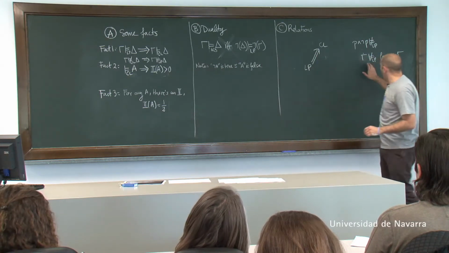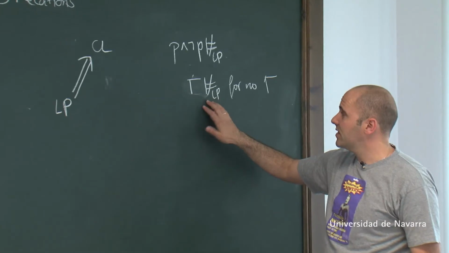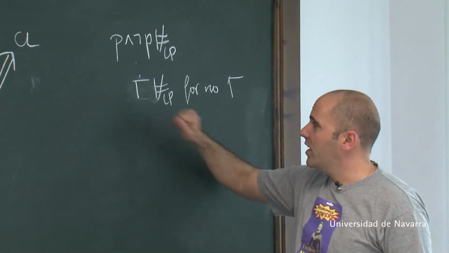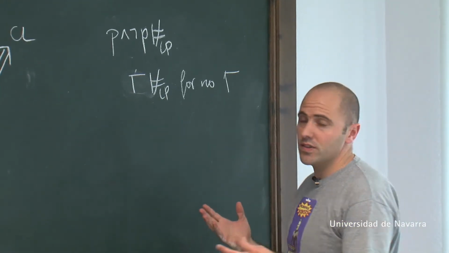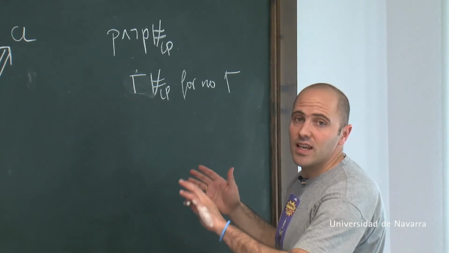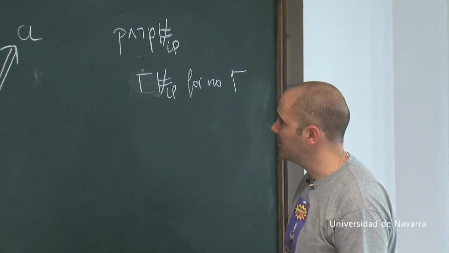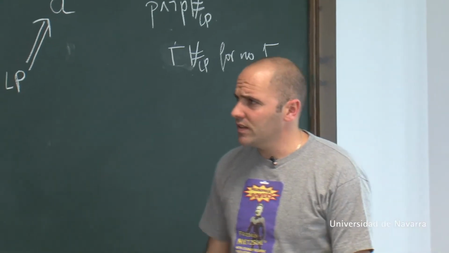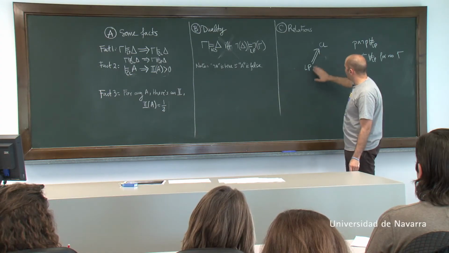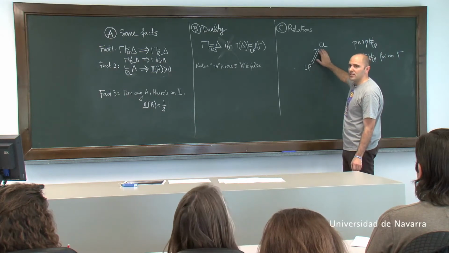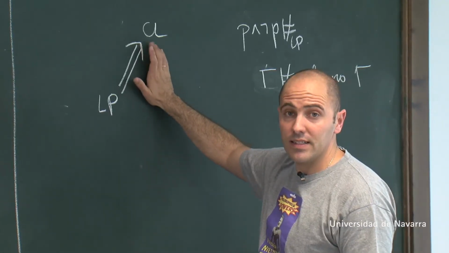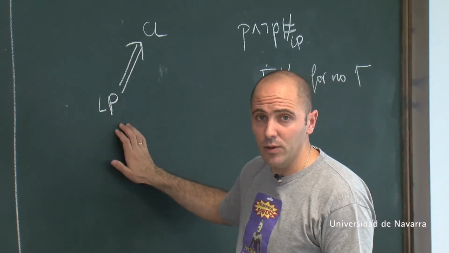So there are no unsatisfiable sets in LP, right? Or in other words, LP is empty on the left. Of course, classical logic is not empty on the left. So any LP valid inference is classically valid. There are classically valid inferences that are not LP valid.